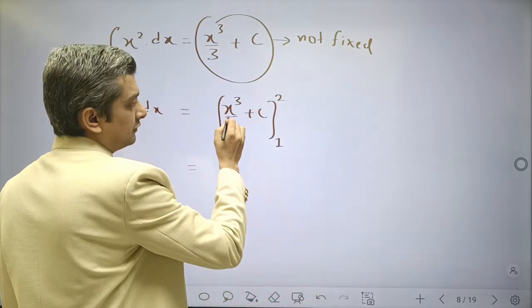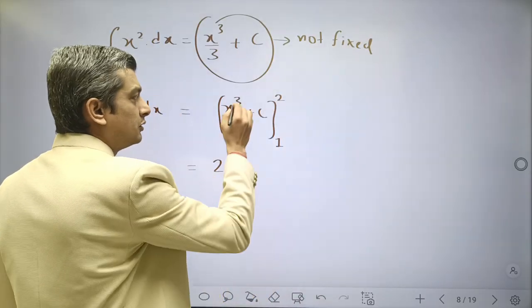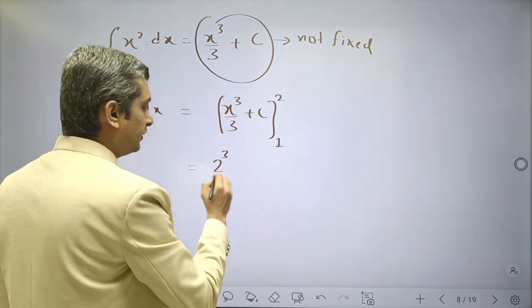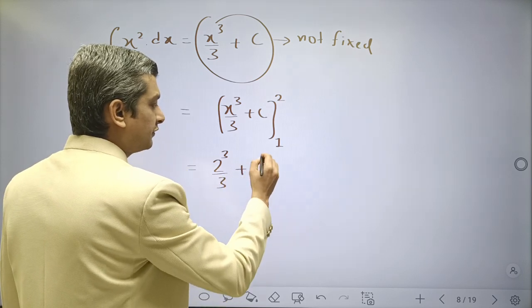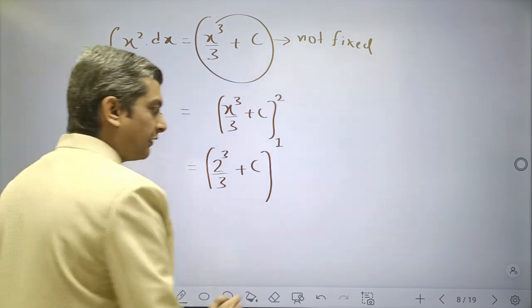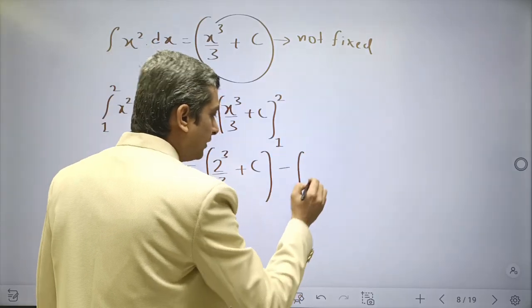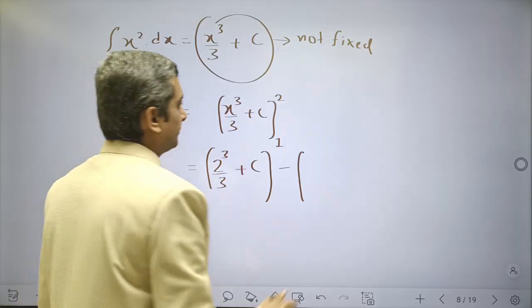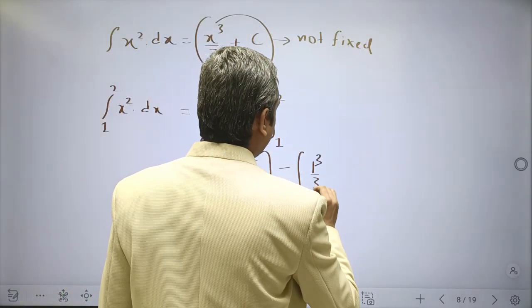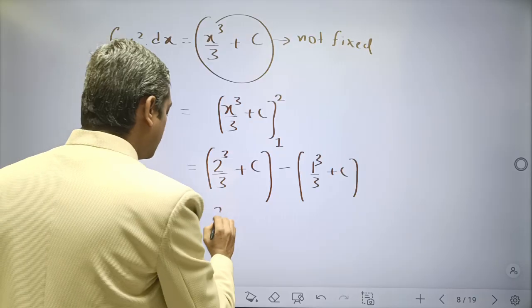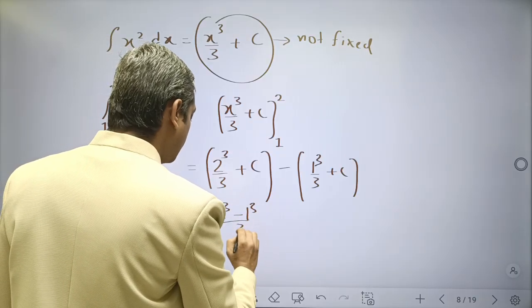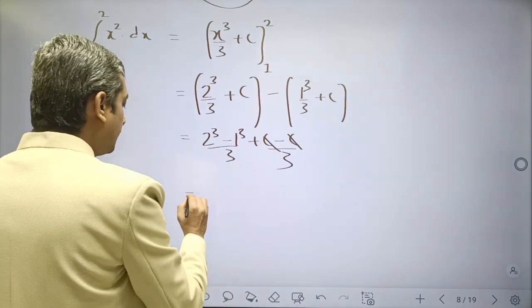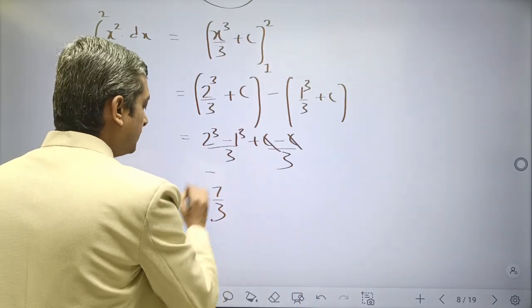So in place of x I'm writing upper limit 2, then all the things will remain as it is, that is, in the place of power we put 3, in the denominator we put 3, plus c, and close the bracket. After that put a minus sign, and again in place of x put the lower limit and keep the whole expression as it is. So this will be 1 cube by 3 plus c. So this will be 2 cube by 3 plus c minus 1 cube by 3 plus c. This c gets cancelled, and finally we get 7 by 3.